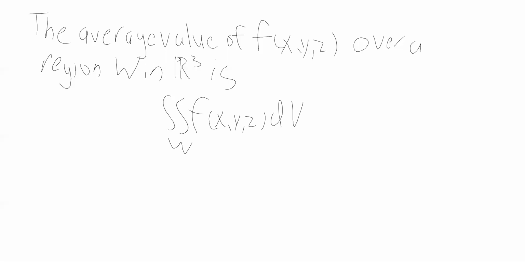So remember, the average is, if you have n objects, you add up those n scores and you divide by the total number of objects, right?